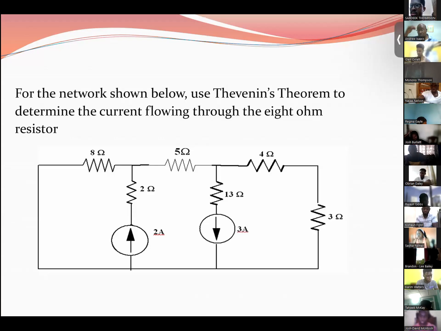Okay, so what's the first step? Remove the resistor of interest. Speak up, Mr. Jackson. Can't hear you clearly. Remove the resistor of interest, sir. Remove the 8 ohm resistor. Okay.